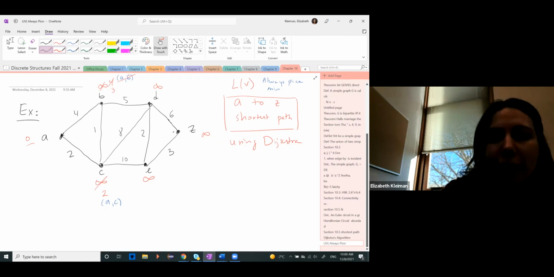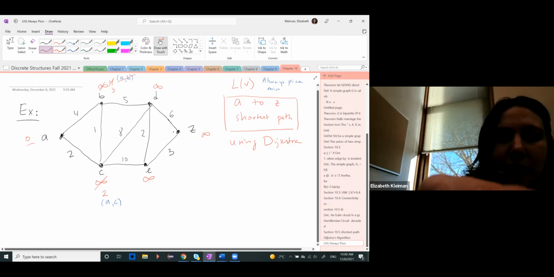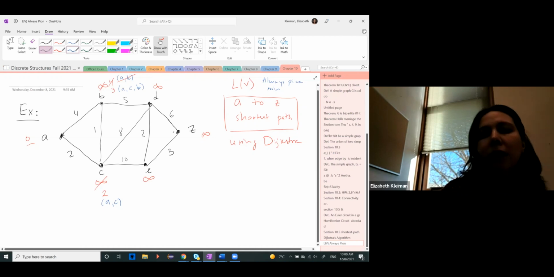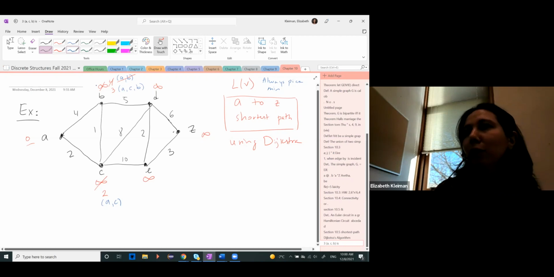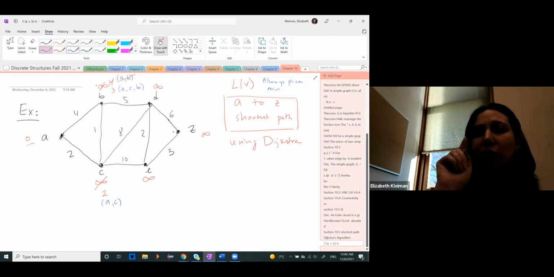And how do I get there? I get there using A, C, B. How did I get it? Well, I looked at this node out here. It is connected to B using weight 1. So you do 2 plus 1, which is 3, and you check, is 3 better than what I have written so far? And I had 4. So 4 was bad, so I have to change it to be 3.